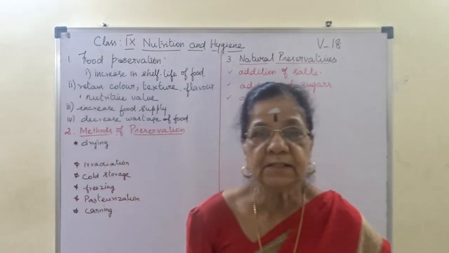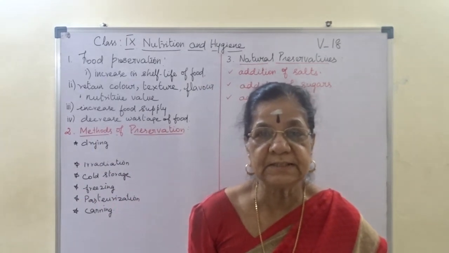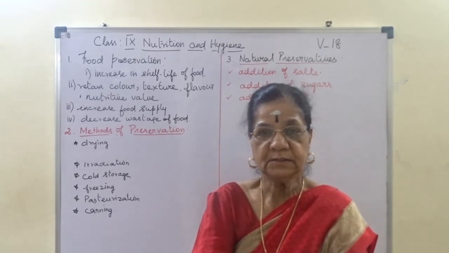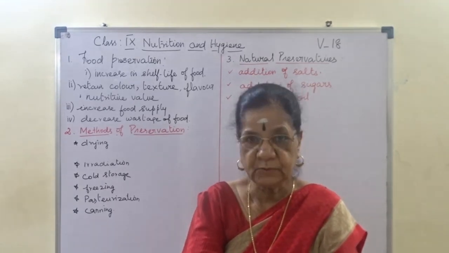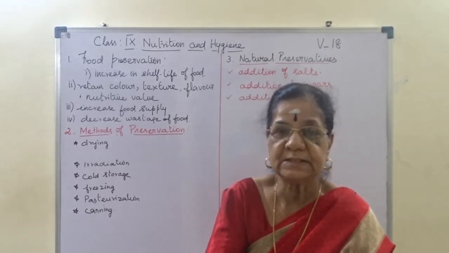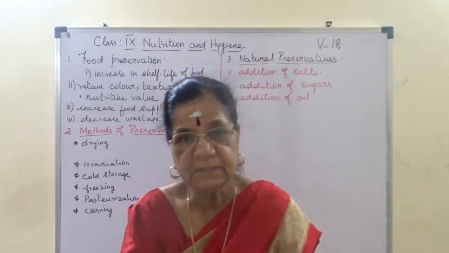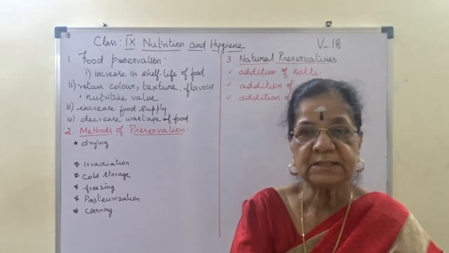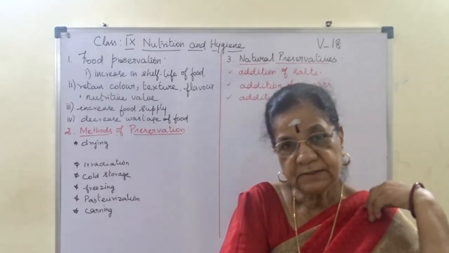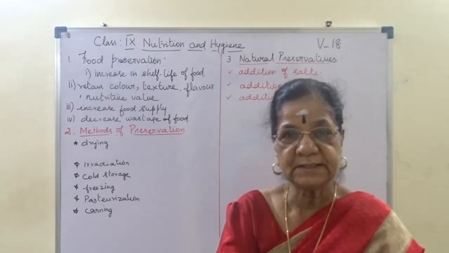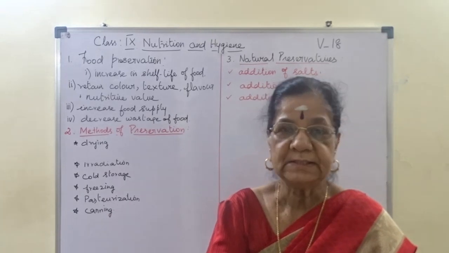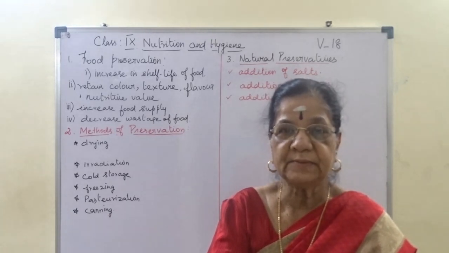Under carbohydrate we learnt that it is the chief source of energy, and how to detect the presence of starch in a given food sample using the starch iodine test. Then the three types of carbohydrates: monosaccharide, disaccharide and polysaccharide. I hope you remember that.